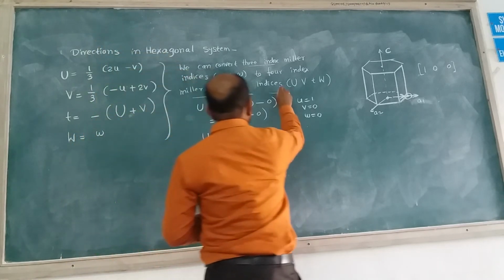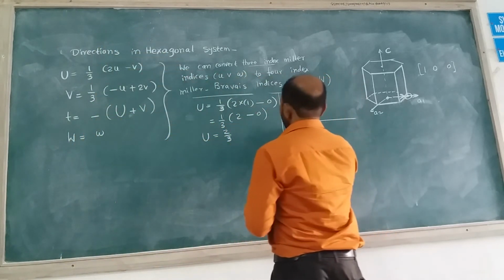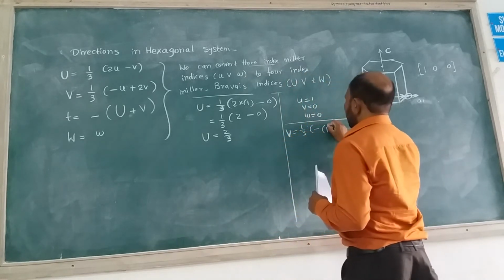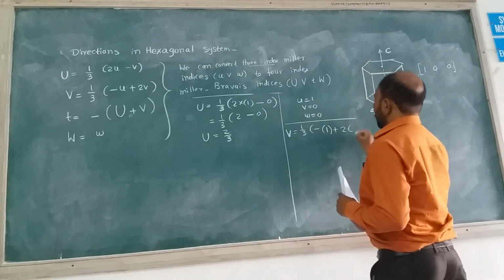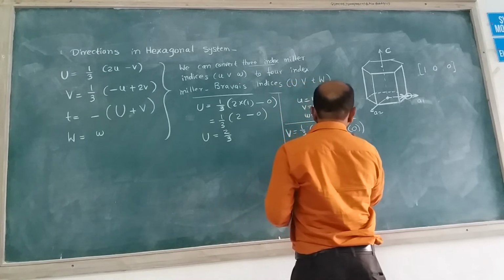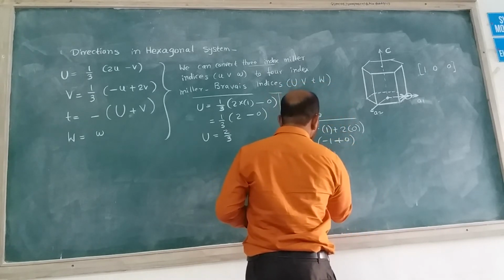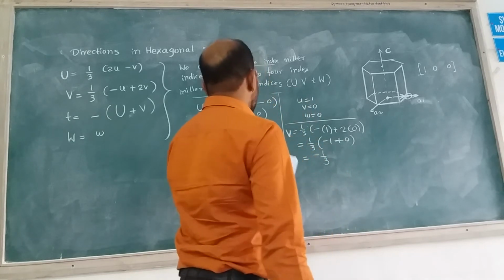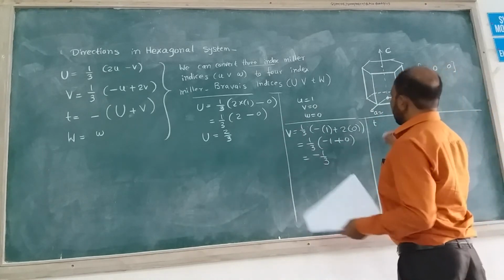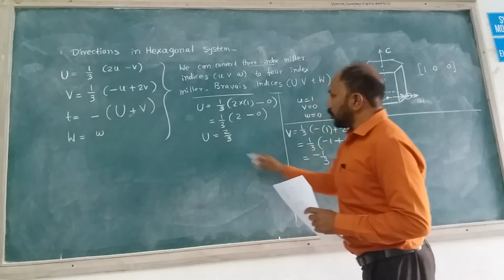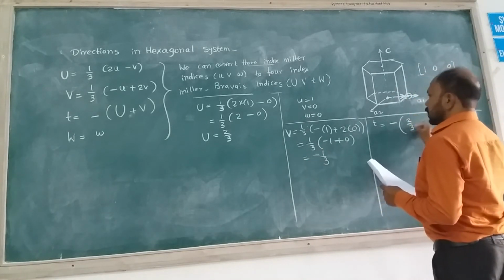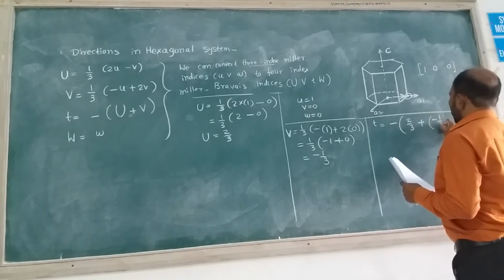In this way, we find the V value. V is equal to 1 upon 3 times (2v minus u), that is 1 upon 3 into (minus 1 plus 2 into 0). So the answer becomes minus 1 upon 3. This is V. For the T value, T is equal to minus (U plus V), with U being 2 upon 3 and V being minus 1 upon 3.